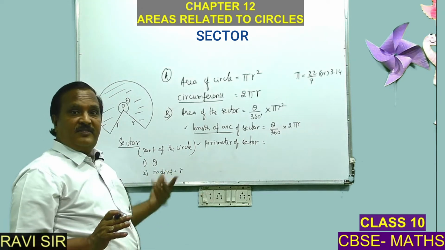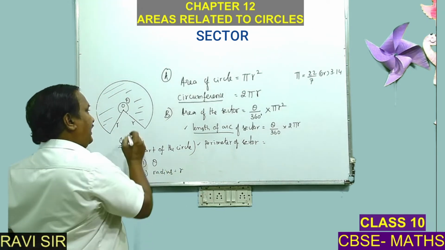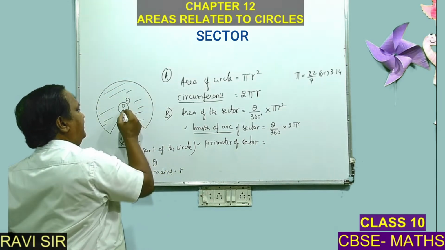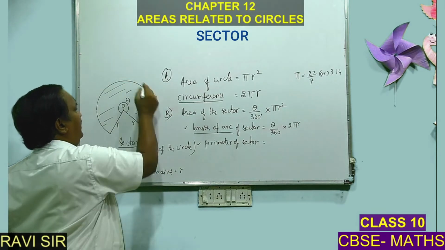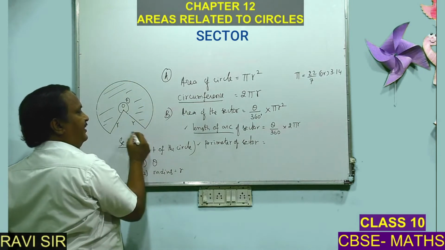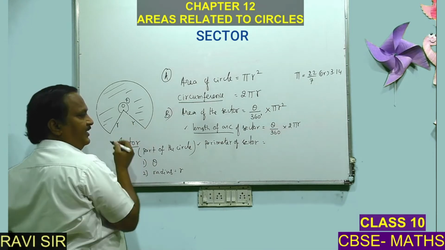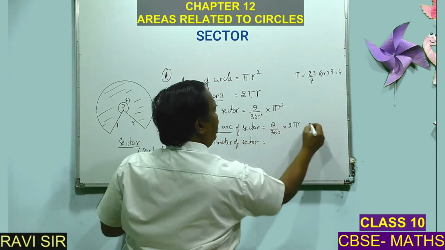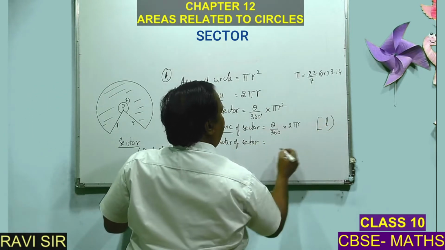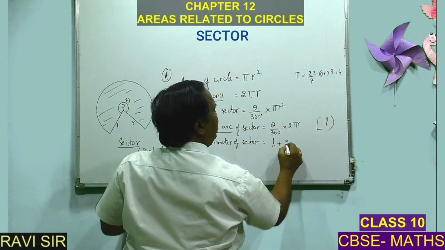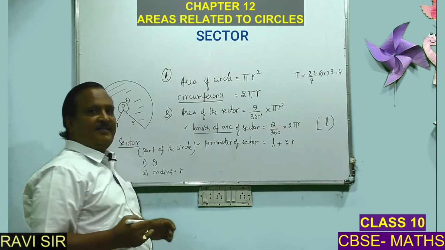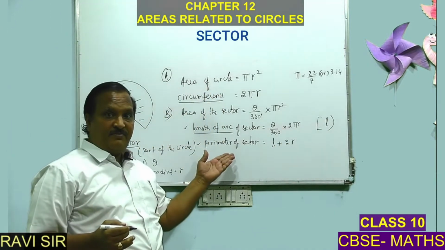Whereas perimeter is different. The entire boundary of the sector: arc and radius and radius. So, that means length of arc plus radius plus radius. If I call the length of arc L, then L plus 2 into radius. So, this is the perimeter of the sector.